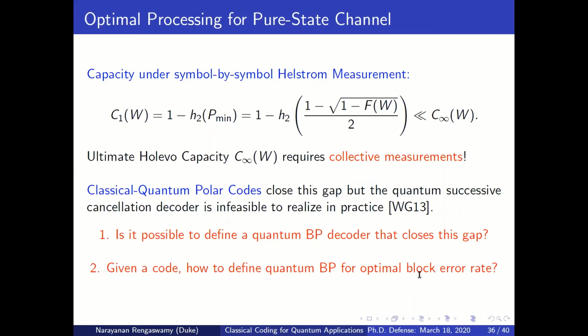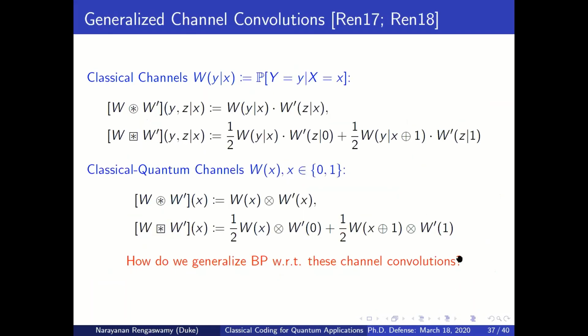But if I give you a specific code, can you define an algorithm that is optimal for that particular instance? So this is not asymptotic, and that's what I'll talk about now. Given a particular code, how do you define a quantum BP algorithm that optimally decides which codeword was transmitted? Okay, and Renes's idea was that you use these channel convolutions to do it.